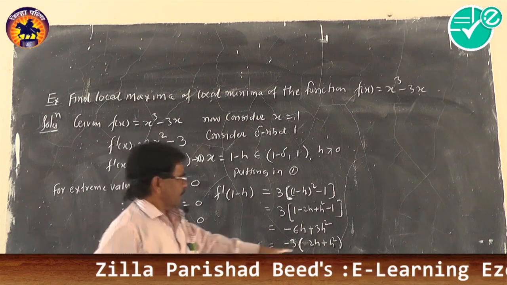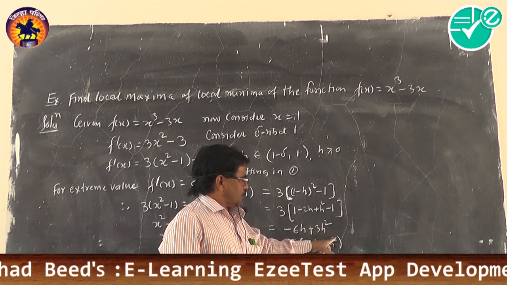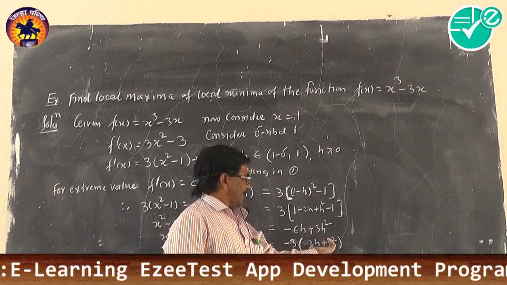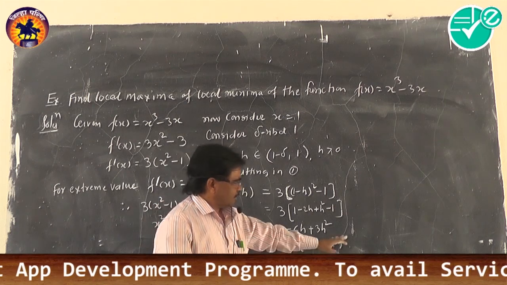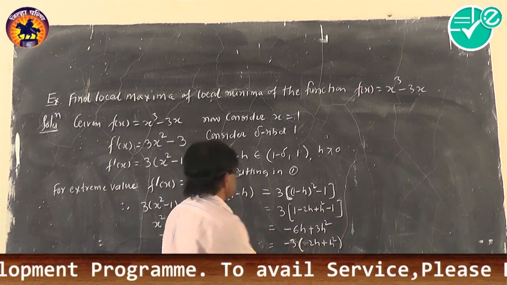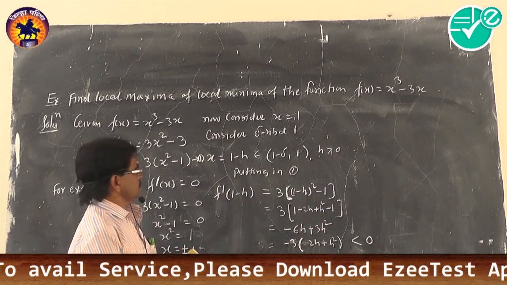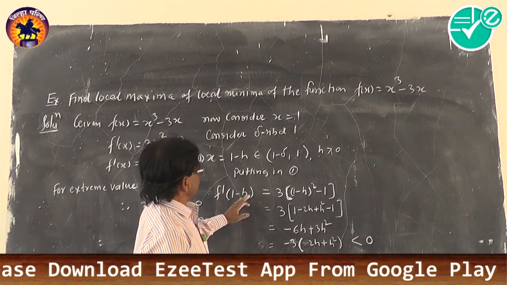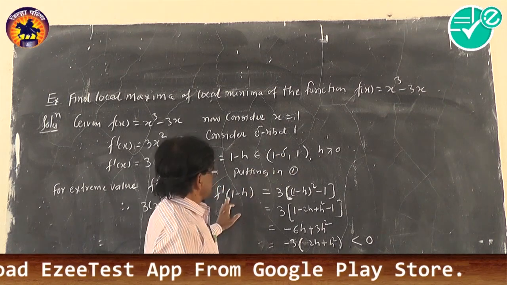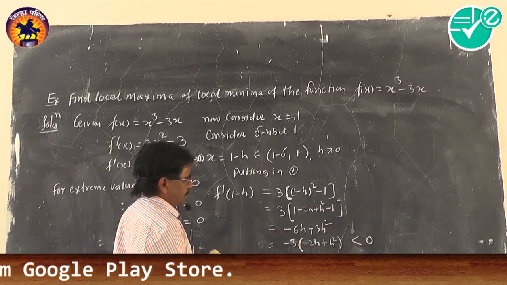Now here h is positive, then 2h is positive, h square is again positive, this bracket is positive, but multiplied by minus 3, this becomes negative, less than 0. This means at the left side of 1, the derivative is negative.